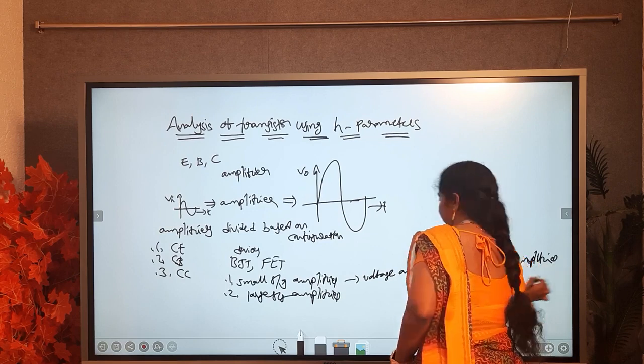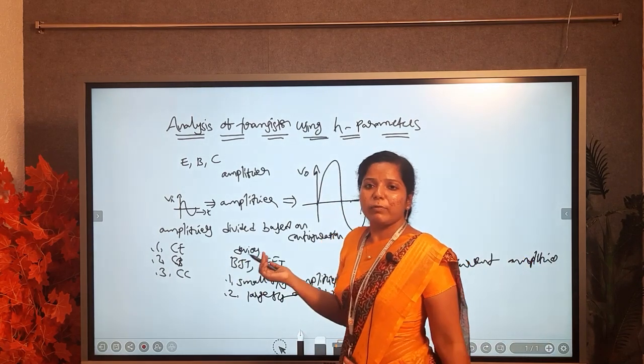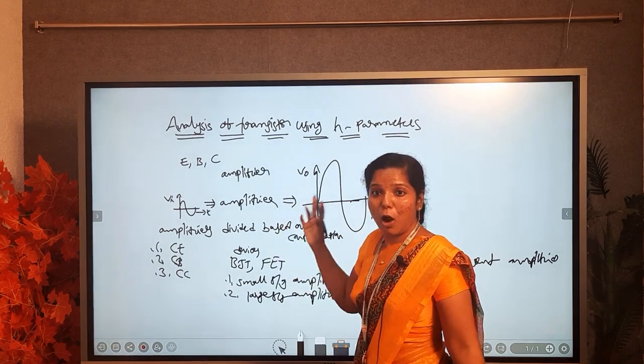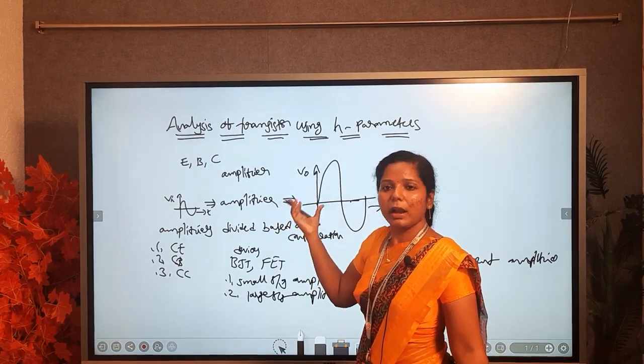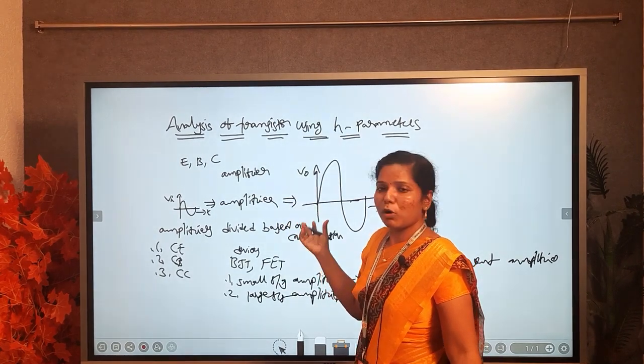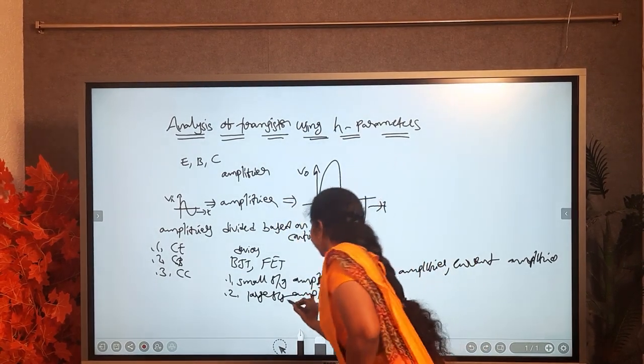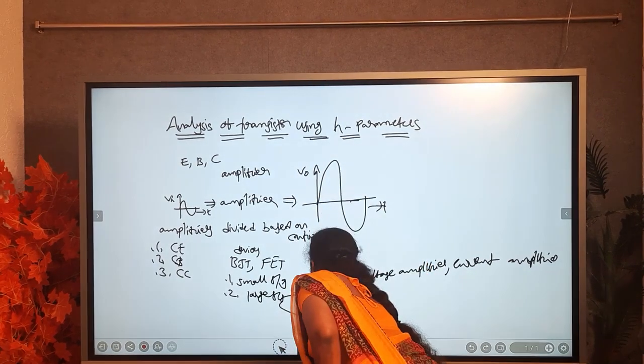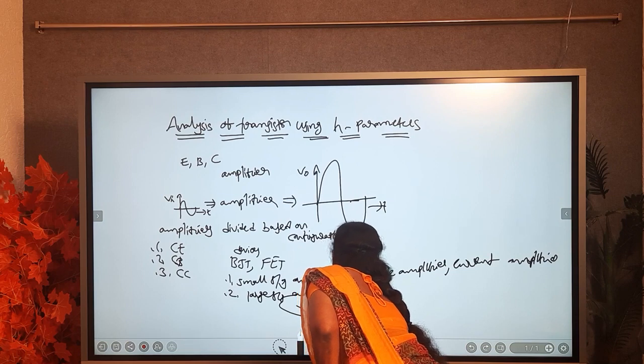Large signal amplifier means you are giving a large input, so there are more fluctuations in the output, that is VCE or IC. That is called a large signal amplifier. Example is power amplifier.